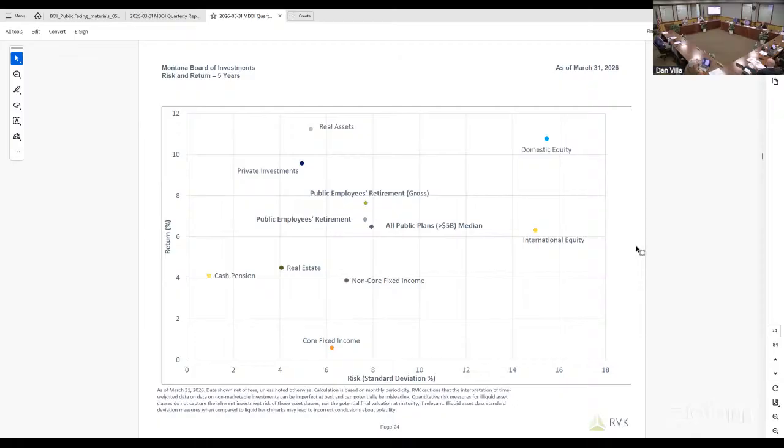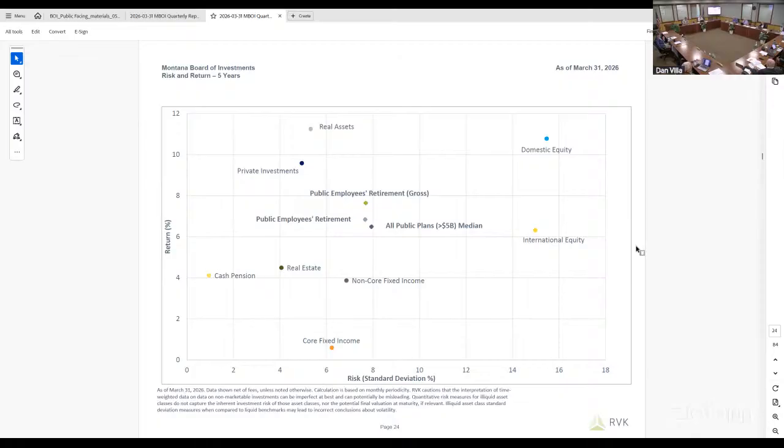Private investments, again, a different volatility, not marked to market as frequently, but you can see its return has been attractive. And again, working our way around counterclockwise, you can see where real estate has been. It's been a challenging 5-year period for real estate in the last couple of years. Much lower volatility, lower return, but over time we think that will be improving.